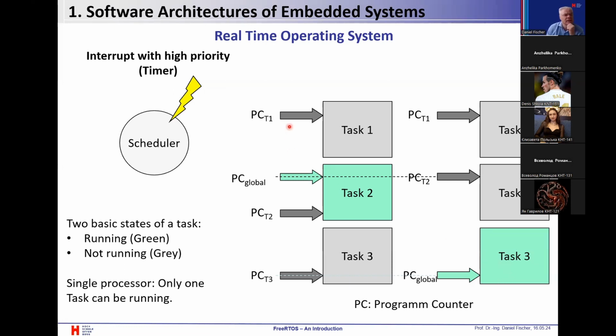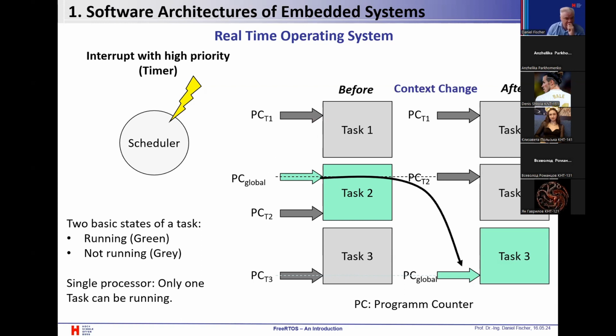And for every task which is stopped, which is not running, which is gray, you have to store the program counter. That means the position inside the machine code where this task was stopped, and then the scheduler has to restart it at this stored address of the machine code.